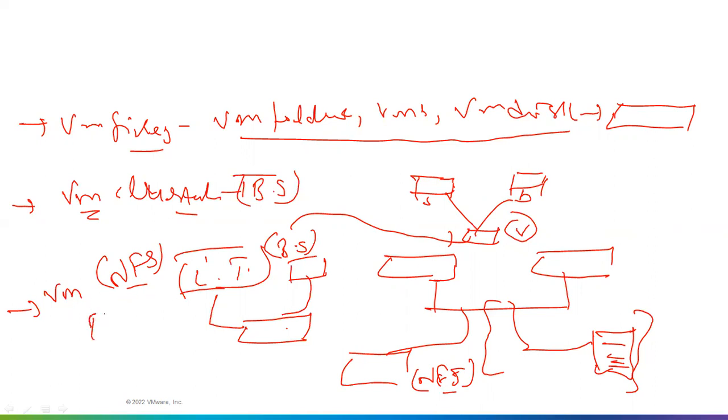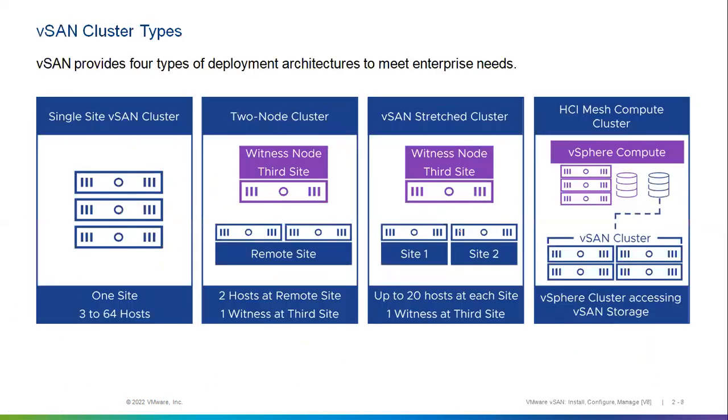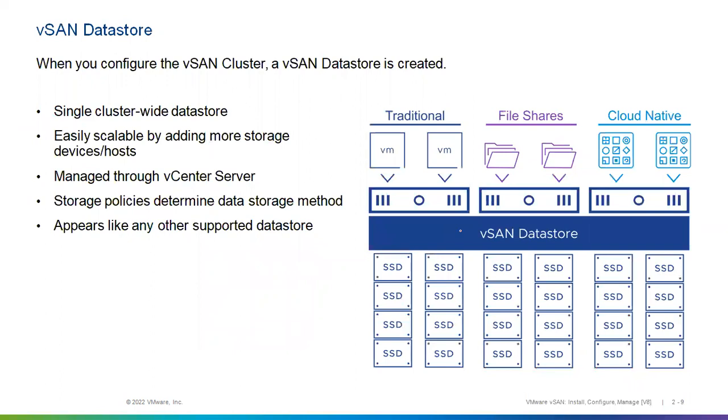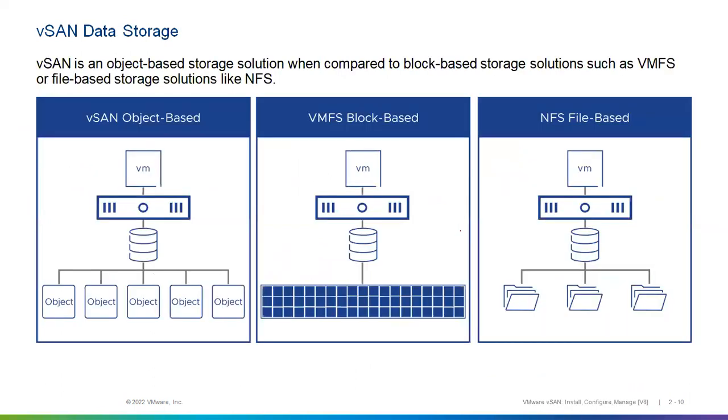I can make the file share itself, and wherever you require, utilize that as a file share also. So now we could say vSAN is a complete enterprise storage, which is giving you all the options to store your data in multiple formats. Either you can store in object, block, or a file system, right?